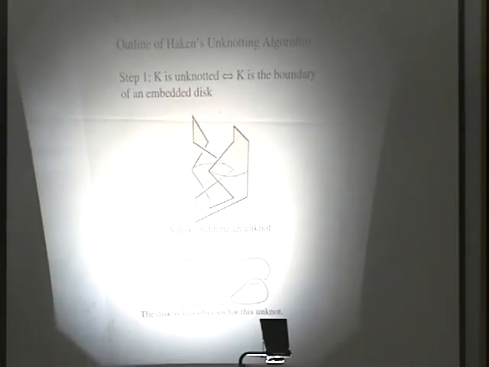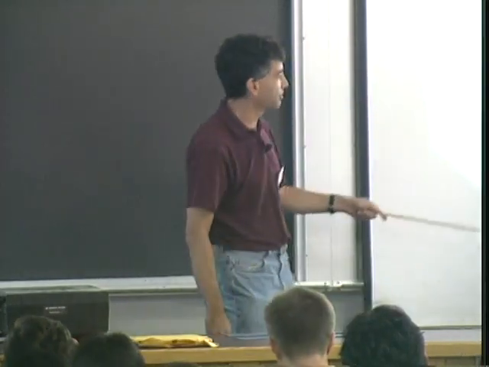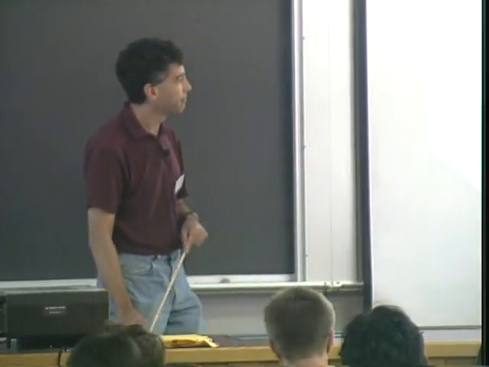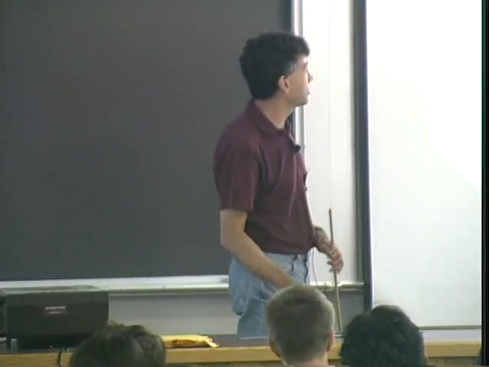Some people had tried to find some moves that reduce a curve like this to the trivial curve, Reidemeister moves or generalizations of them. But it turned out that the right point of view is to think of this as a three-dimensional problem, not a problem about graphs in the plane, and look for a disk that has boundary this curve.